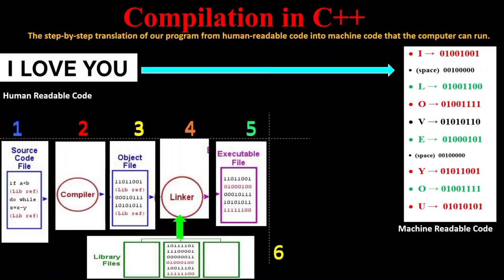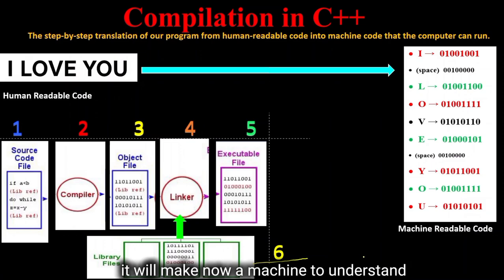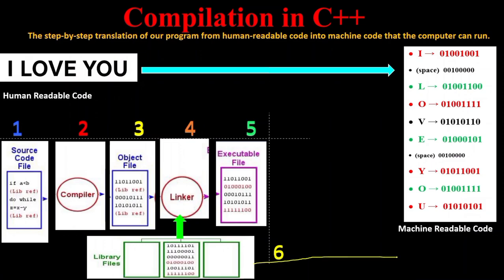It makes a machine understand what we have written here, like I love you, by translating it into machine language or binaries, which are zeros and ones. So this is how the process of compilation in C++ works.